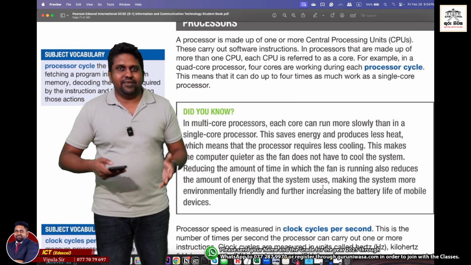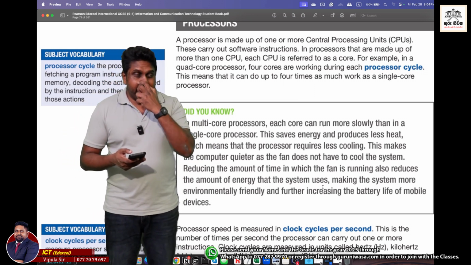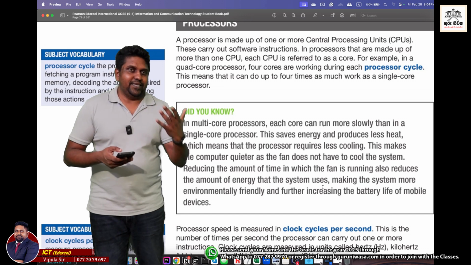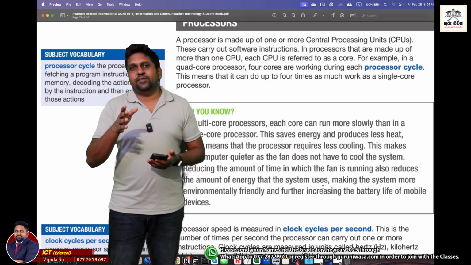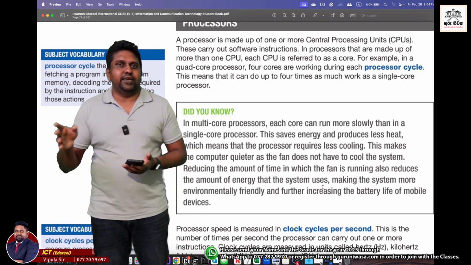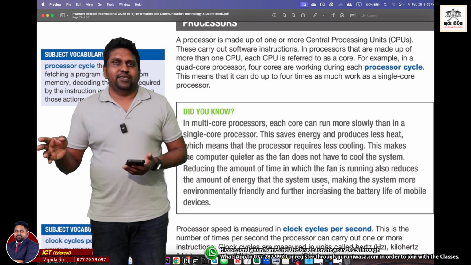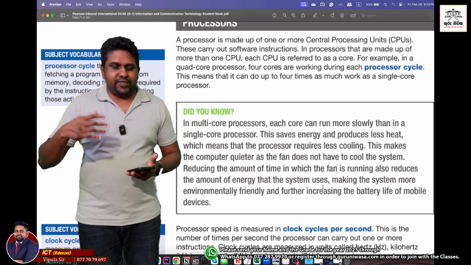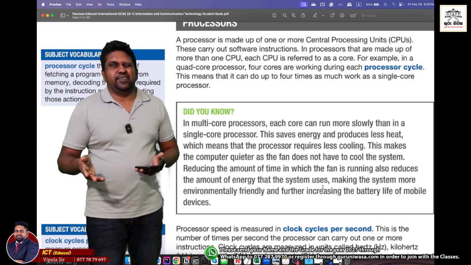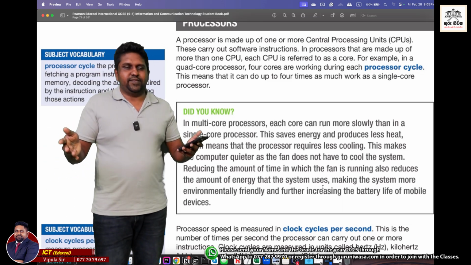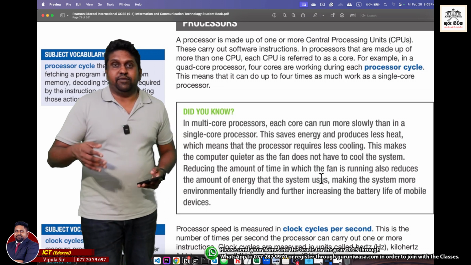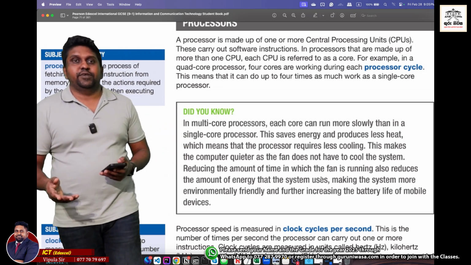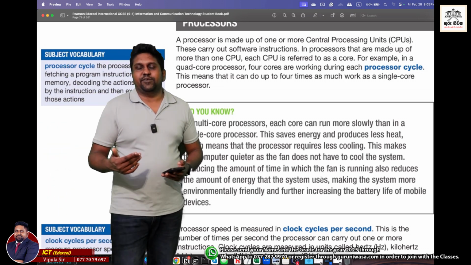But sometimes it does make it slow, because when you have multiple cores, each core doesn't need to run very fast. If your system has only one core, that core must run as fast as possible to make sure it processes all the data.